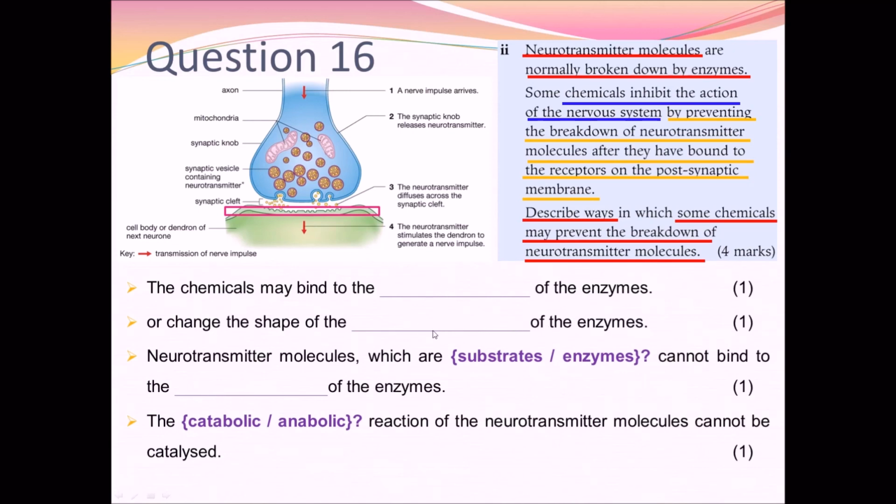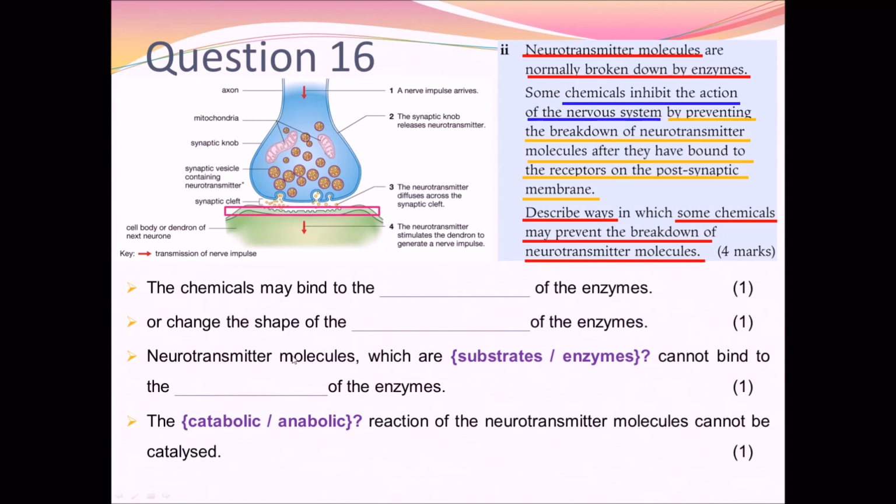So what are they? Any specific region in the enzyme can be affected. And then the neurotransmitter molecules, which are the substrate or the enzyme, you tell me.